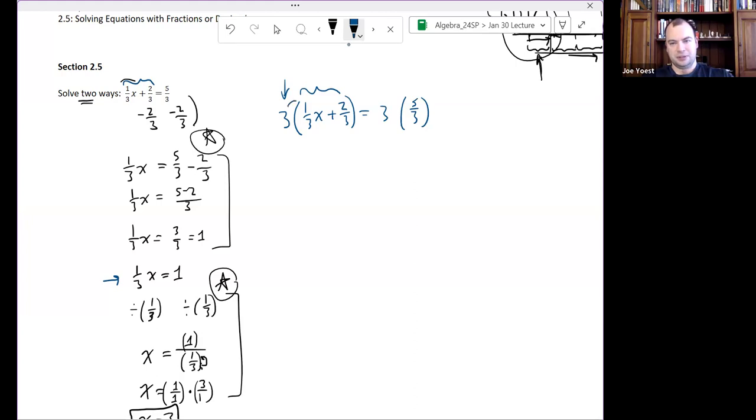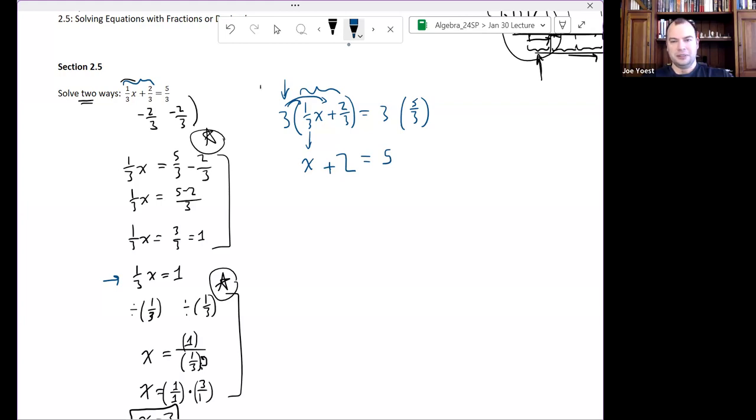On the left side, I want to distribute 3 times 1/3 x. Well, 3 times 1/3 is just 1. This just gives me x. Plus 3 times 2/3 is just going to be 2, right? 3 times 5/3 is just 5.